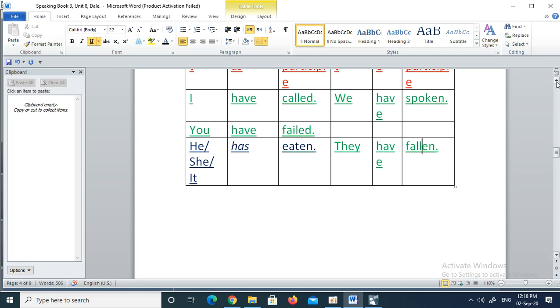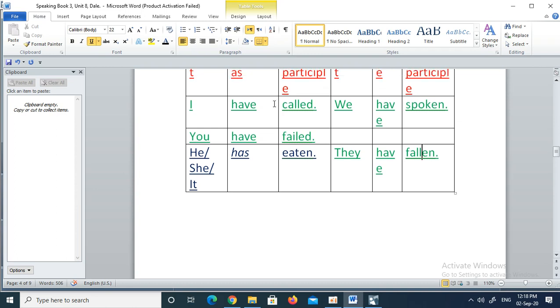So it's very simple to conjugate. You just must remember we have to use two forms, have and has. Has is always used with he, she, or it, and all the other subjects will take have as the auxiliary verb when we make the present perfect tense.